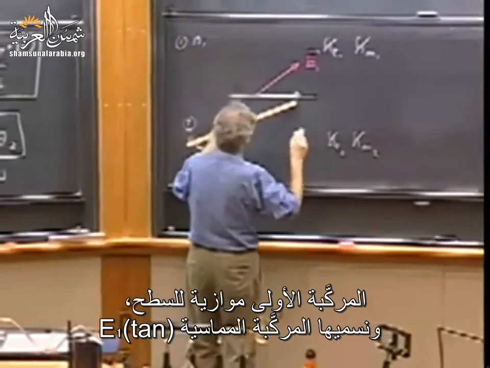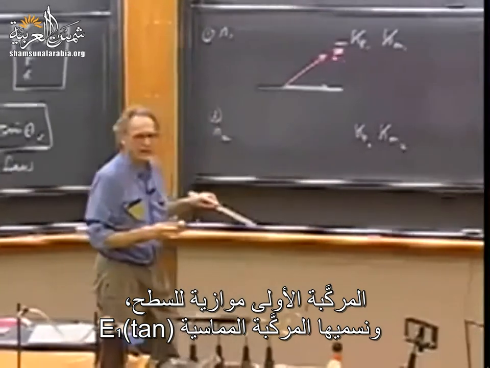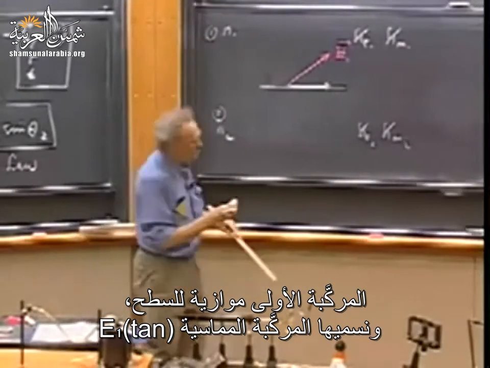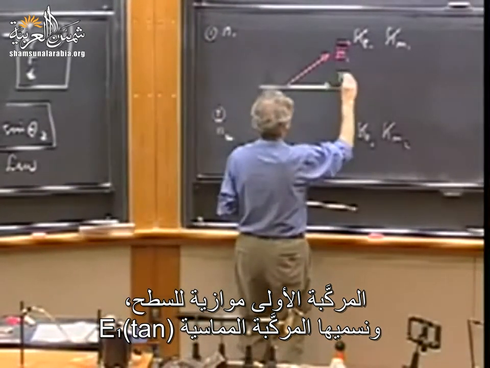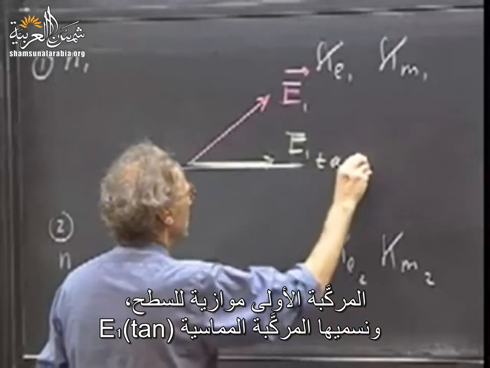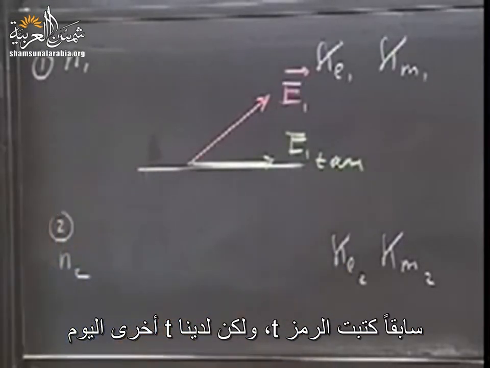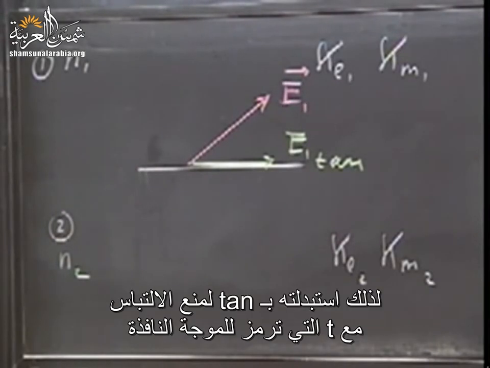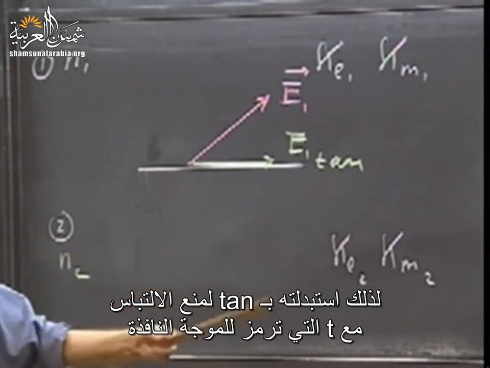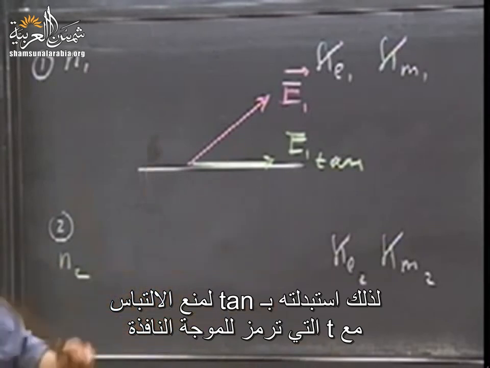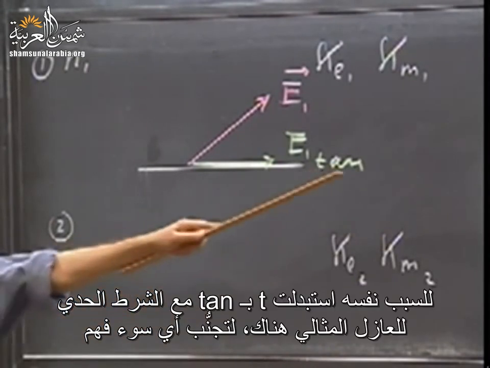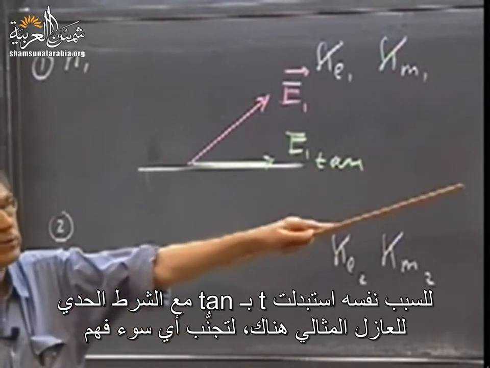One that is parallel to the surface. We called that the tangential component. So I'm going to call this E1 tangential. Earlier I wrote down a T, but we already have a T today. So that's why I changed it into tangential, not to get confused with the T that we had for transmitted. That's why I also changed the ideal conductor boundary conditions.